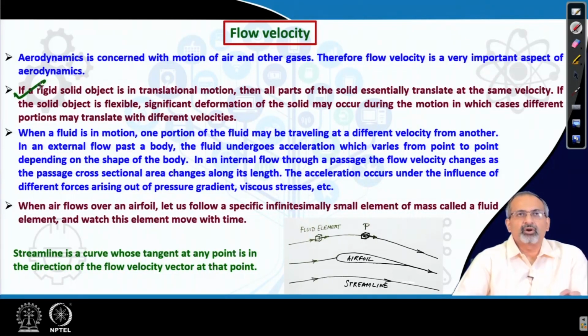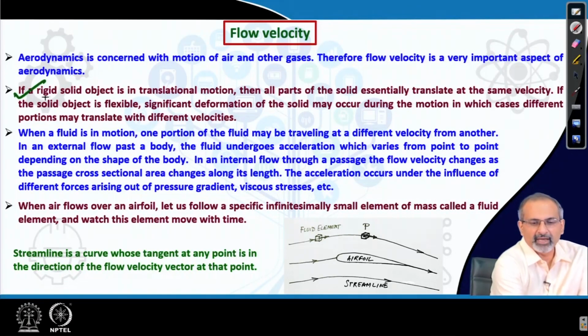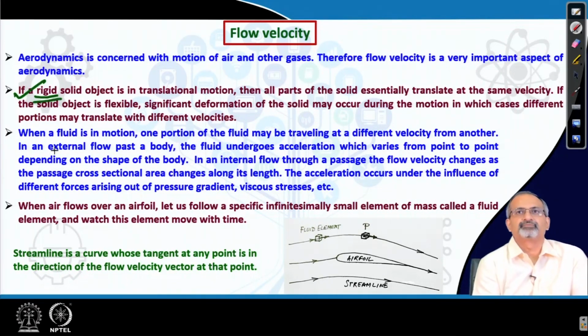However, if the solid object is flexible, then there could be significant deformation of the solid as it undergoes the motion, and therefore different portions of the solid may translate with different velocities, but that never happens when it is rigid. In fluid, we never have a rigid medium.